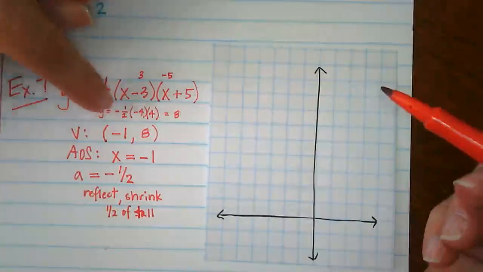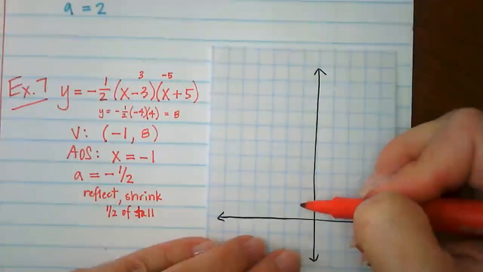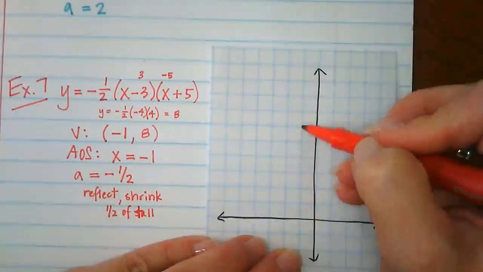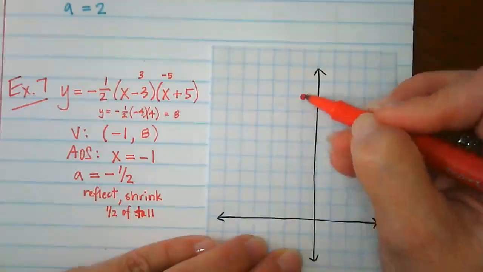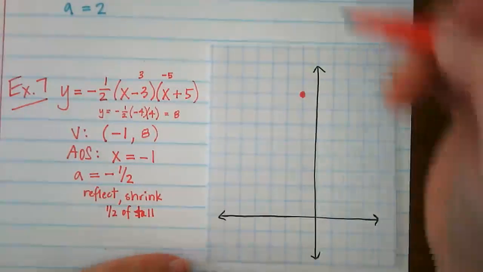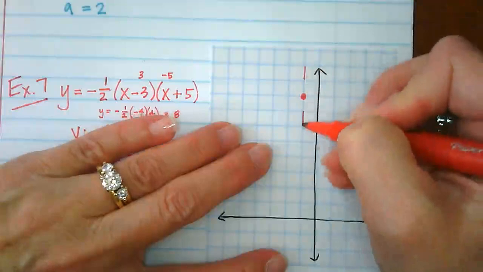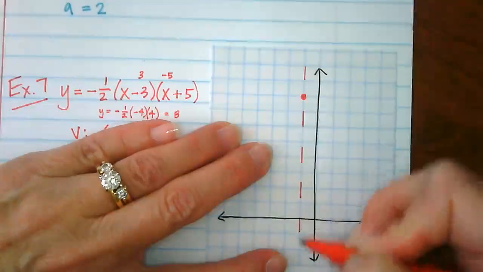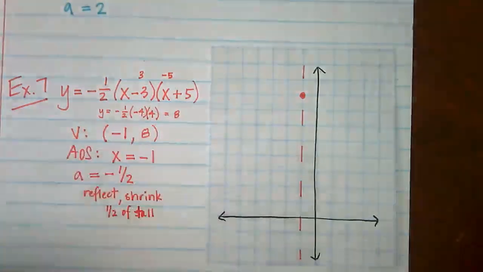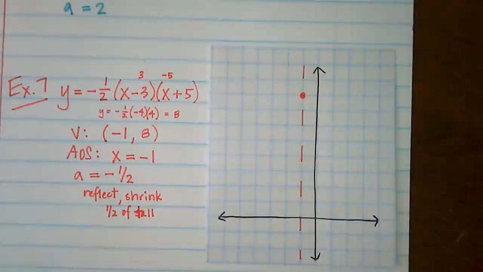All right, our vertex is -1/8. I know that I have an axis of symmetry right through here. All right, so now I need to start thinking about my parabola.